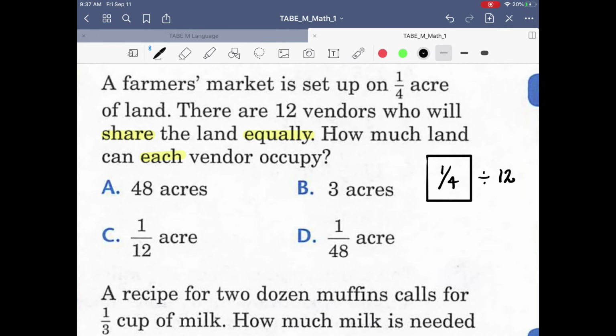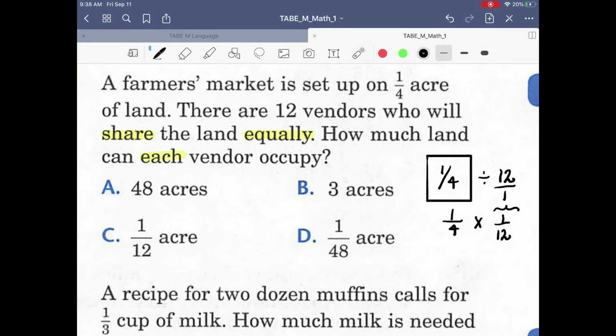Now it's tempting to go with C because that means divide by 12. The problem with C is that the 1/4 is not on top of that fraction. So be careful. You actually have to do this division. So we're going to say 1/4. And remember, we put a 1 under that fraction and then flip it over. So you get 1/12.